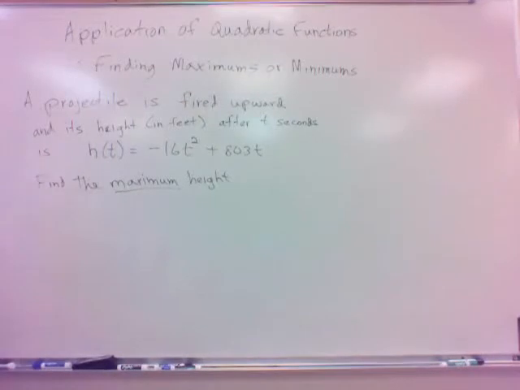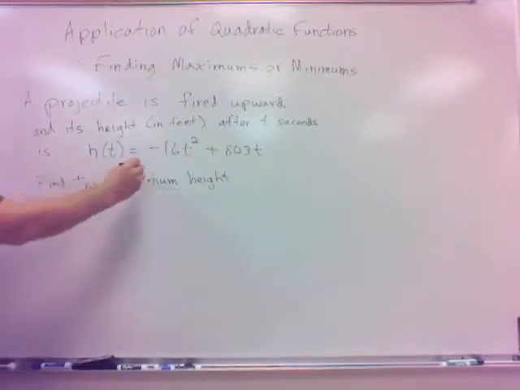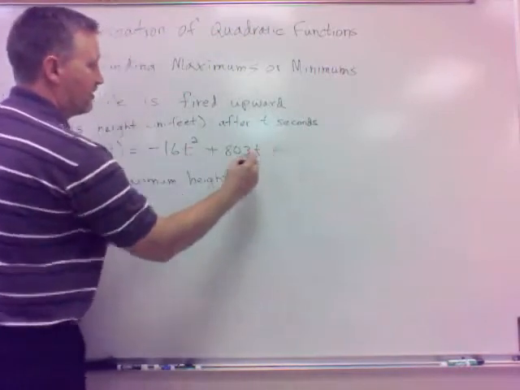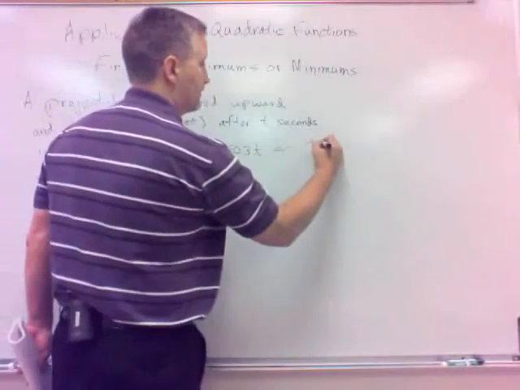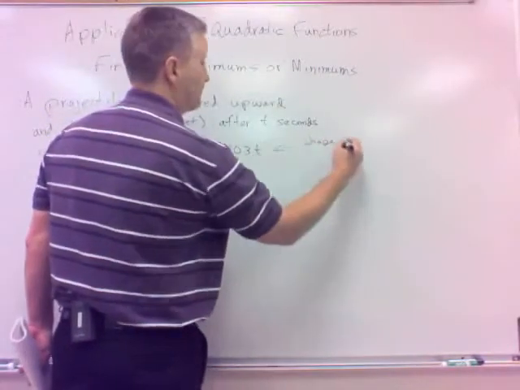Well, based on our previous discussion, isn't this a quadratic function? So what's the shape of the graph? If I were to graph this, the shape would be what? This shape of the graph here would be a parabola.